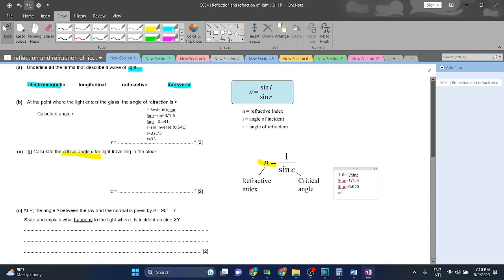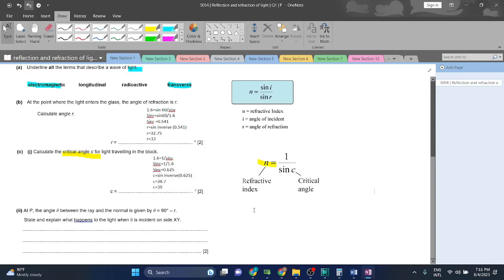Okay, to calculate C we take sine inverse of 0.625, and this will give us the critical angle. So the angle is approximately 38.7. But if we round it off, we'll get 39. So 39 is the angle, 39 degrees of course, but they have mentioned the symbol.